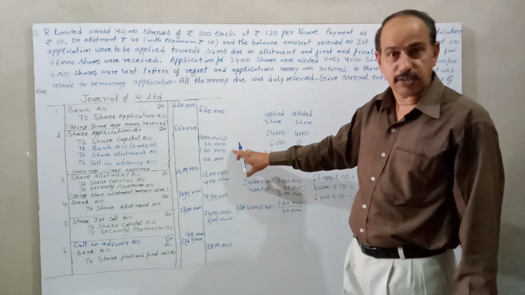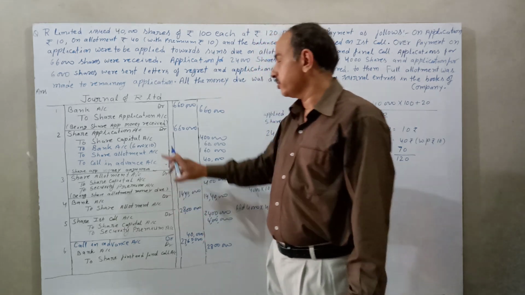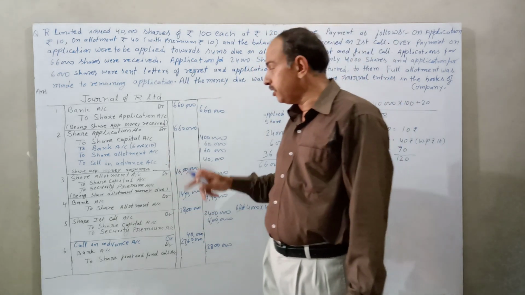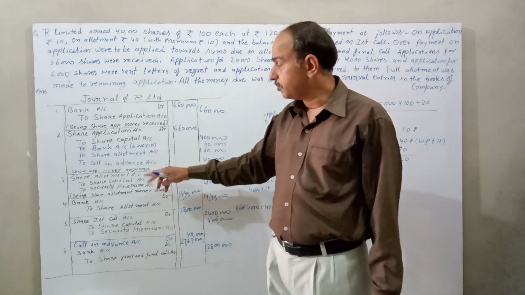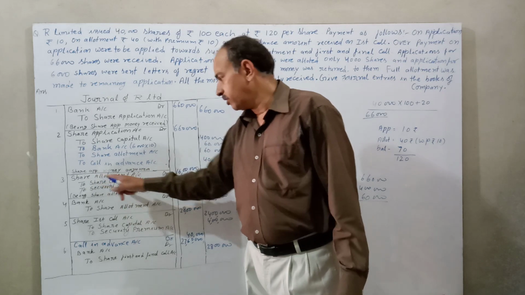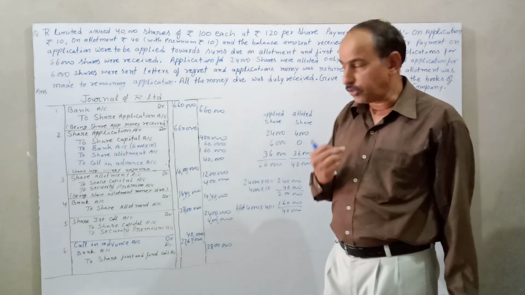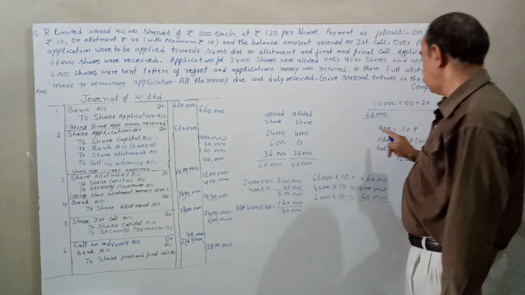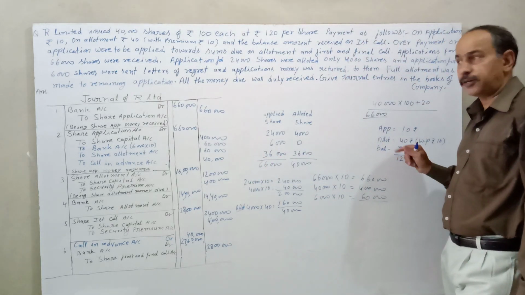Understand these amounts? After this entry, the company demanded the allotment amount. So the company makes the journal entry: share allotment account debit to share capital and security premium, because rupees 40,000 is demanded by the company.